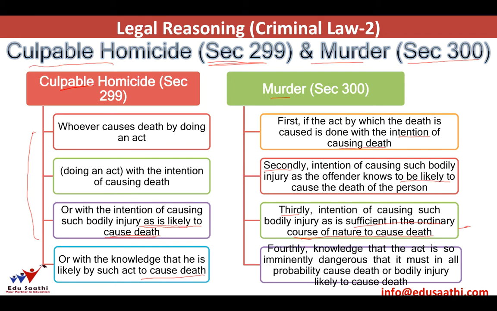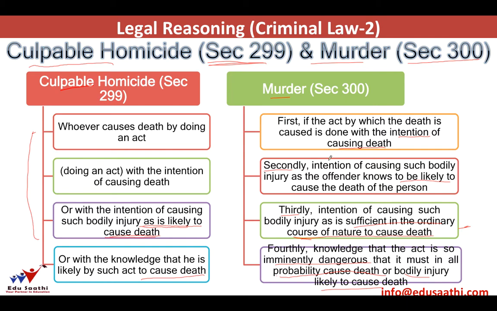Fourthly, the knowledge that the act is so imminently dangerous that it must in all probability cause death or bodily injury likely to cause death. So there is a knowledge that the act which is to be done is very, very dangerous, an imminent danger, and it must be in all probability that there are chances that it would amount to an act which will result in the death of the person.